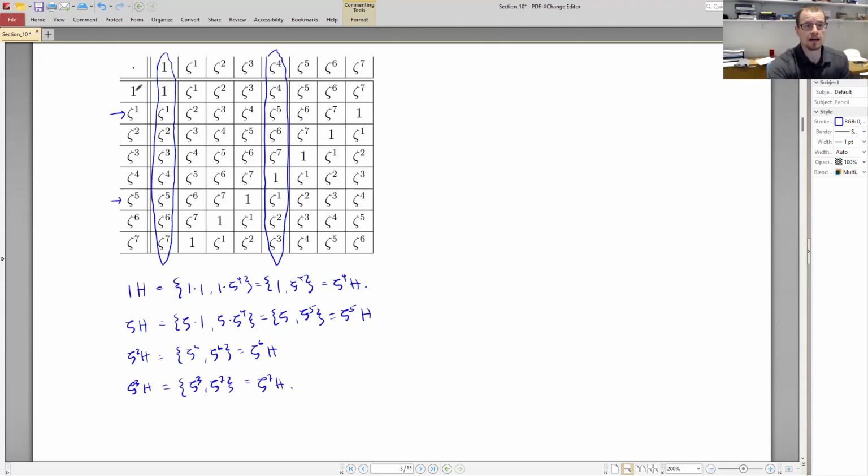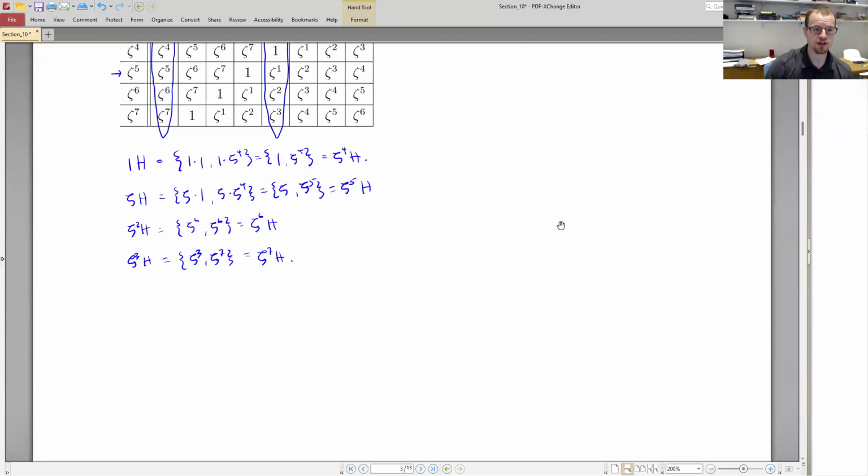So that gives me multiplying on the left by each of the 8 elements, right? I have multiplying on the left by 1 and zeta to the fourth, zeta to the fifth, zeta squared and zeta to the sixth, zeta cubed and zeta to the seventh.